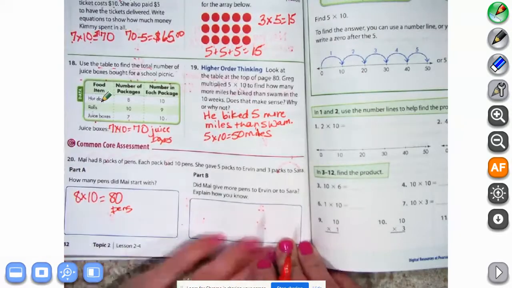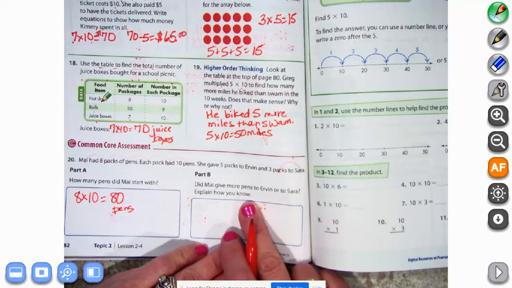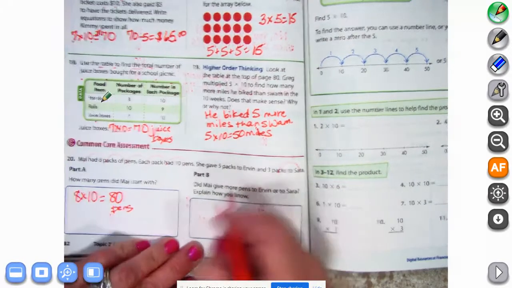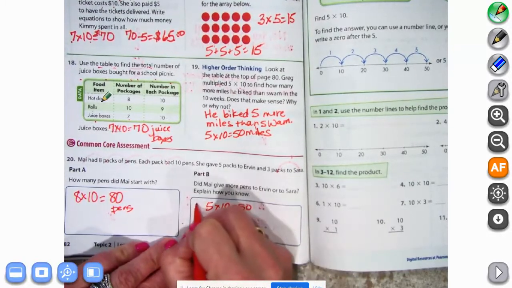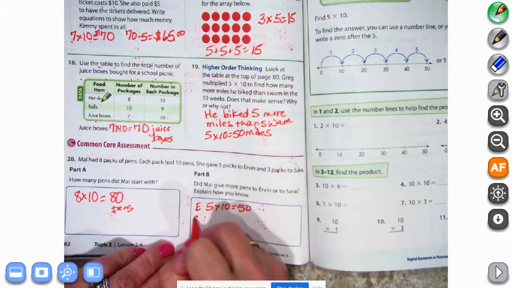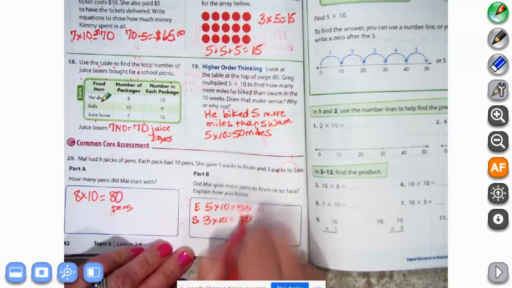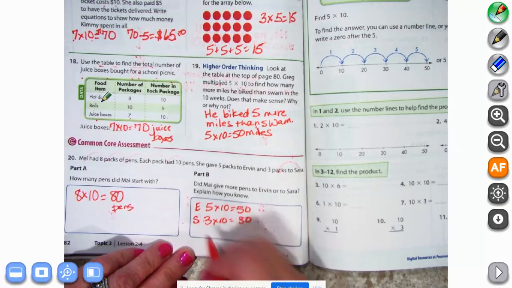Okay, the next part says, did May give more pens to Irving or to Sarah? She gave 5 packs to Irving, so that's 5 times 10 equals 50. That's for Irving. And then for Sarah, 3 times 10 equals 30. So did May give more pens to Irving or Sarah?